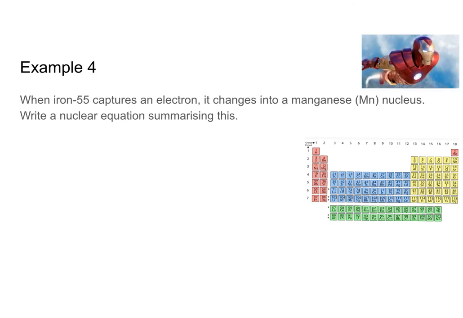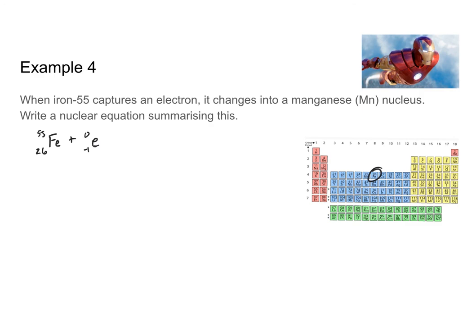And we're going to look at iron-55 capturing an electron. So we know that iron, Fe, is here on our periodic table, so it's got atomic number 26. And we know that it is capturing an electron. So the electron is actually going to be on the left side of our equation rather than the right side, because it's something that we are starting with.